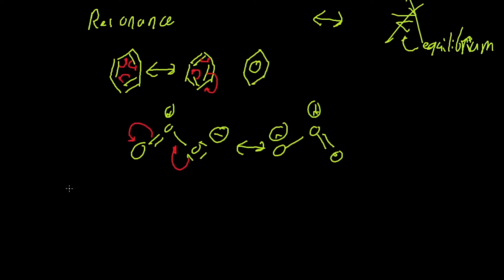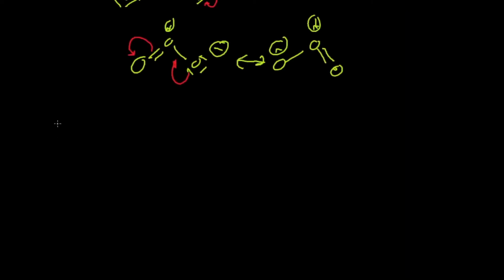A good way to do it is if you first look at phenol. Phenol is a benzene with an alcohol group attached. So benzene and OH. And now if this H here is removed, you get phenolate, which looks like this.